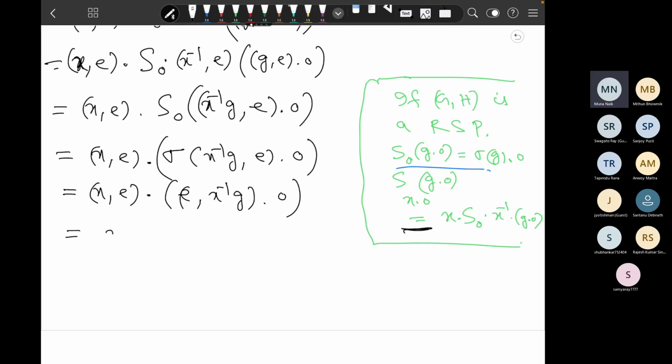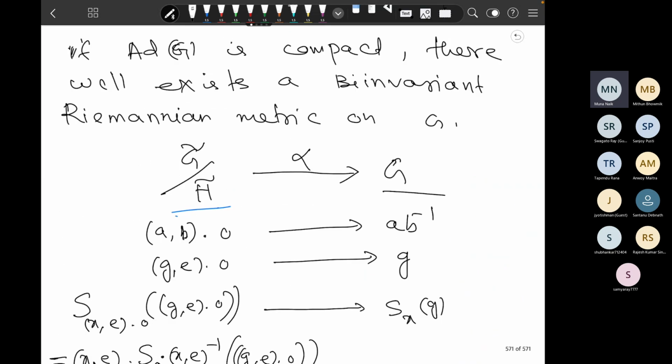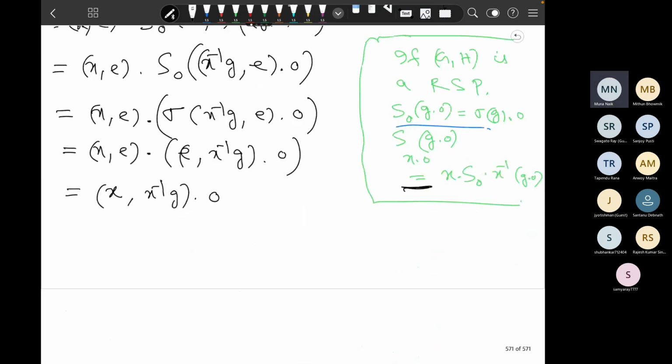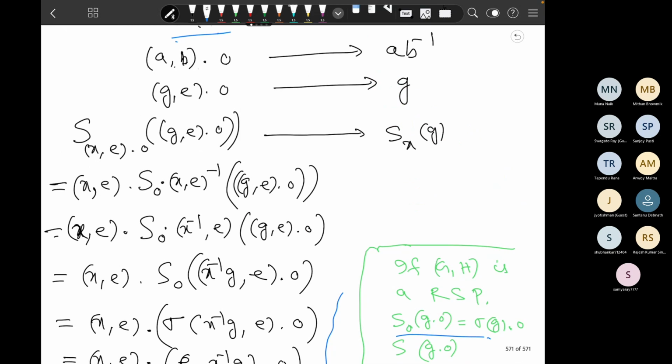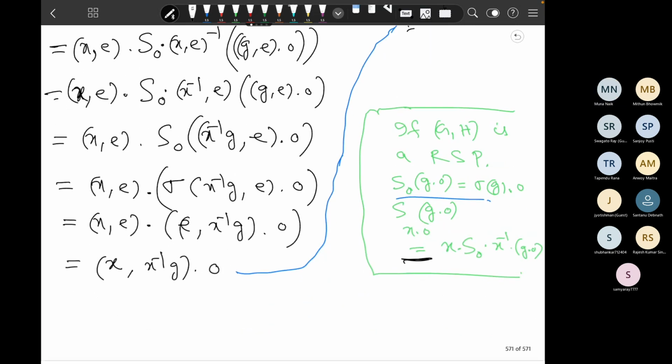Now you explore the definition. This is X E dot X inverse G. This is X inverse G dot O. Now, if you look at this thing, A comma B dot O, this will correspond to AB inverse. So this chap really corresponds to this thing.